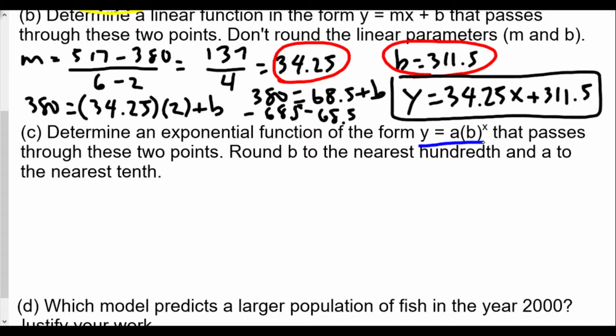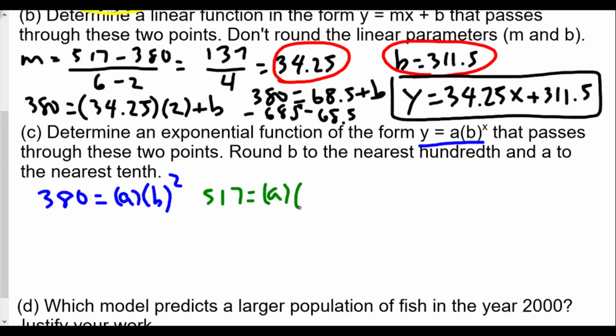Therefore, we'll have 380, that was a y value, is equal to a times b, the x value was 2. We also had our second coordinate of 6 comma 517. So we have 517 is equal to a times b to the 6th power.